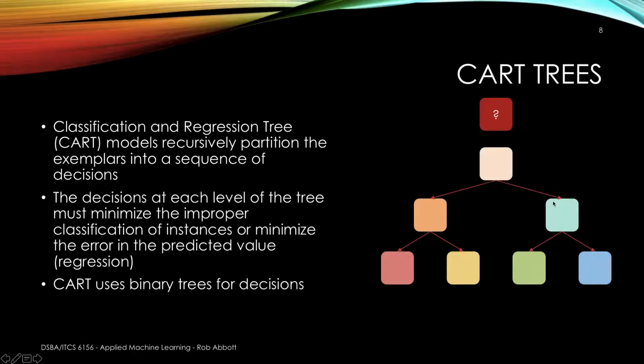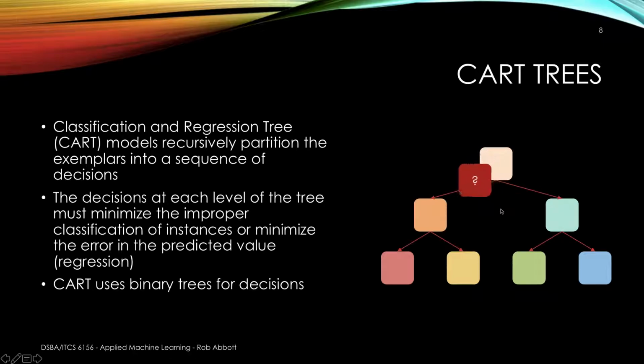If I'm at this node and I get a color in that is this bright red color that we're testing for, I need to determine, is this more like the conditional value that splits to the left, or does it need to go to the right for the next level of decision? So in this case, this bright red is closer to this orangish color than it is to this bluish color.